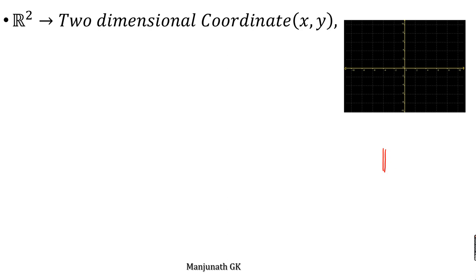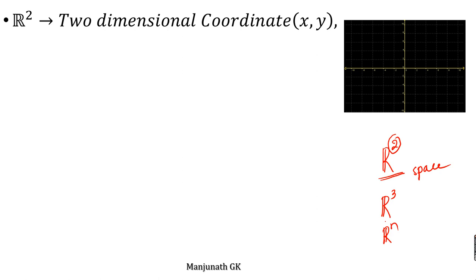R indicates this, and 2 indicates the dimensions, a two-dimensional space. Similarly, R3 indicates space in 3-dimensional coordinates. Rn indicates a space in n dimensions.